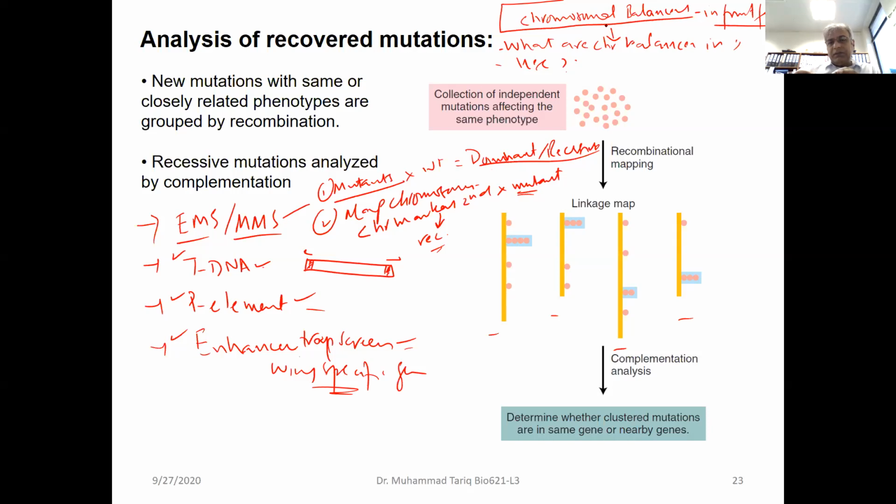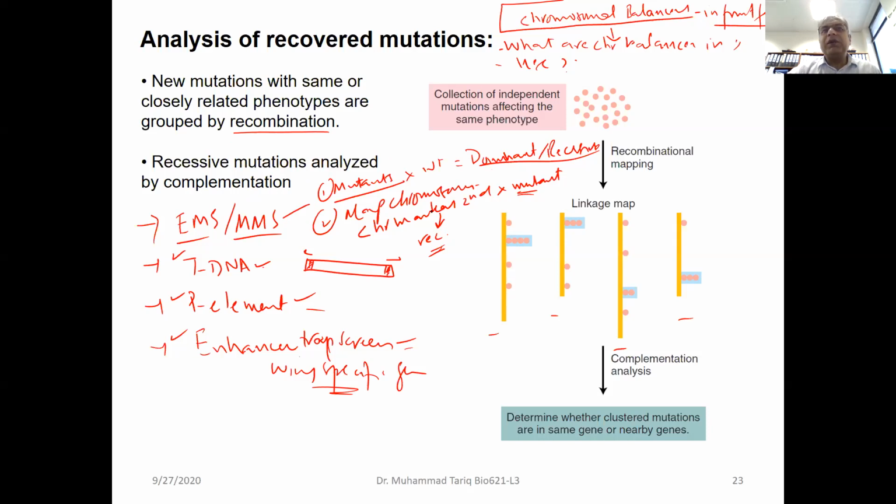So using these chromosomal balancers, if your mutations are lethal, you can very easily determine whether your mutant phenotype is segregating due to a mutation on the second chromosome or third or fourth, etc. And based on the phenotype, you can also group them, as I said, due to their co-segregation and recombination with known chromosome markers.